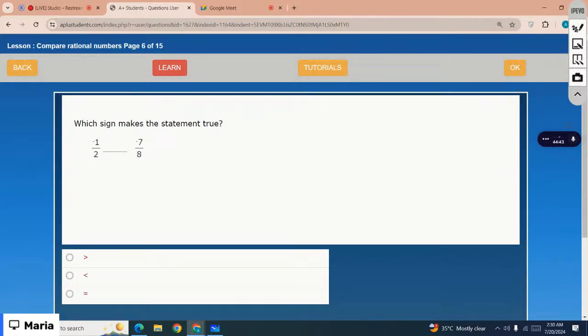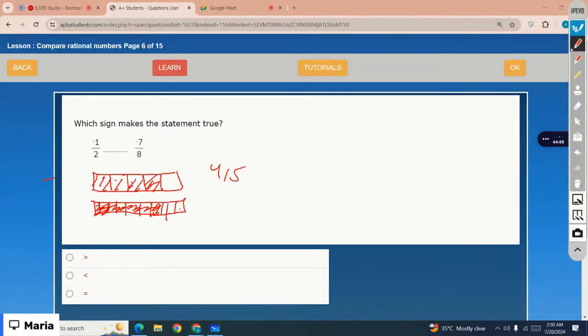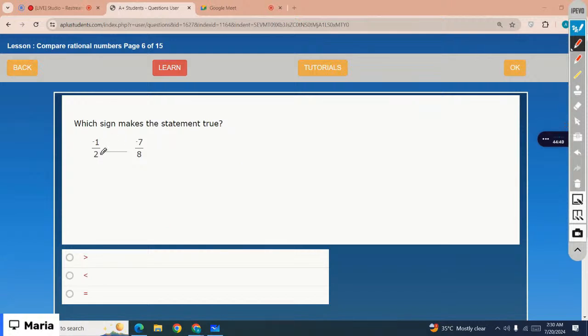Okay, negative 1 by 2, negative 7 over 8. The other way to compare is you can make the denominators the same, right? Multiply this by 4, that is negative 4 over 8 and negative 7 over 8. So which is the correct option?